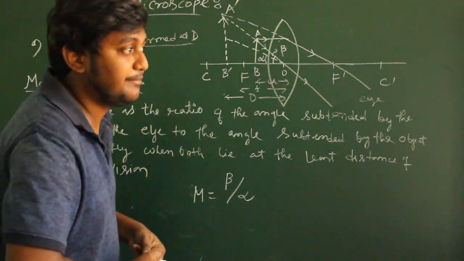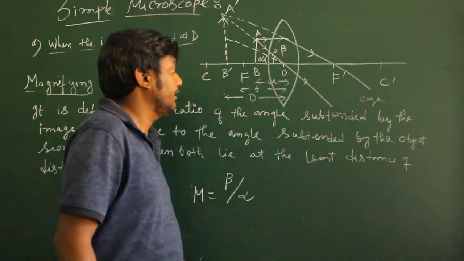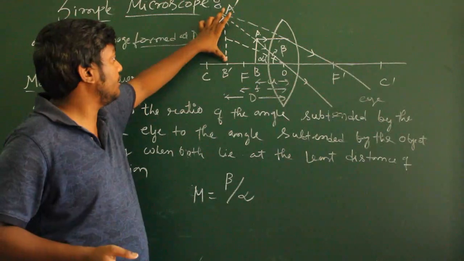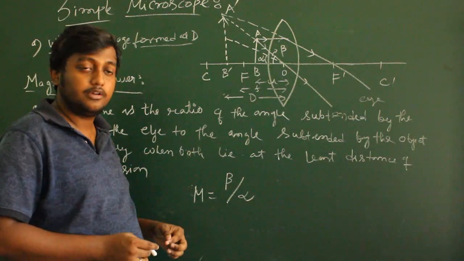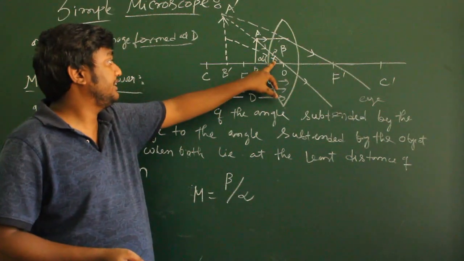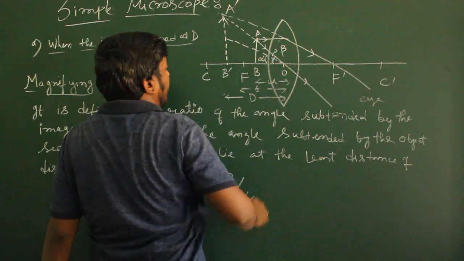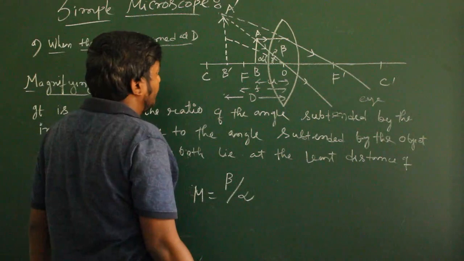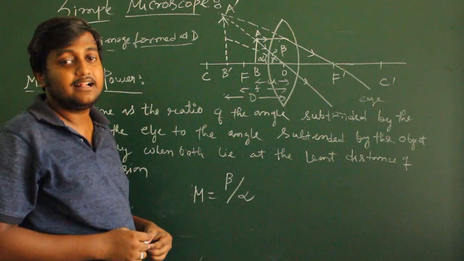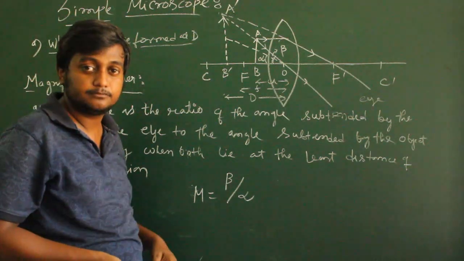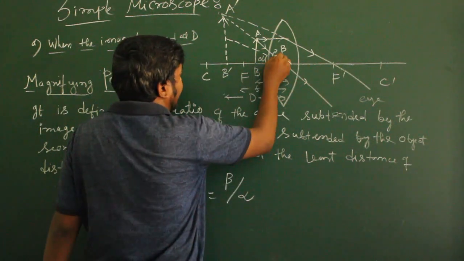When you see the image with your eye, an angle will be formed between the eye and this image. Suppose beta is the angle between the image and the eye. Similarly, if you see the object directly, then also an angle is subtended at the eye by that object. Let us consider the angle between the eye and the object is alpha, and the angle between the eye and the image is beta.